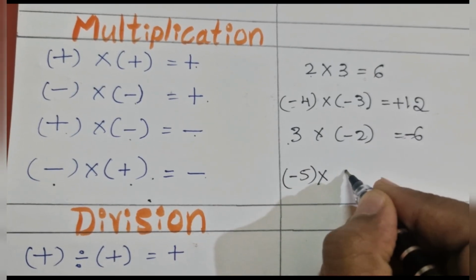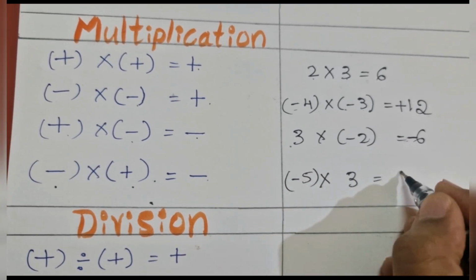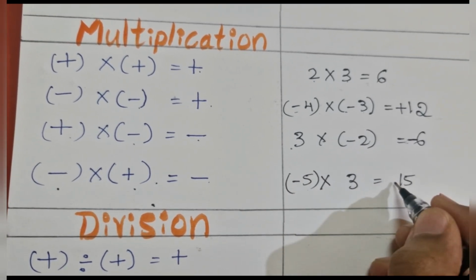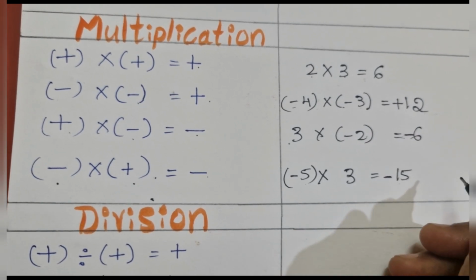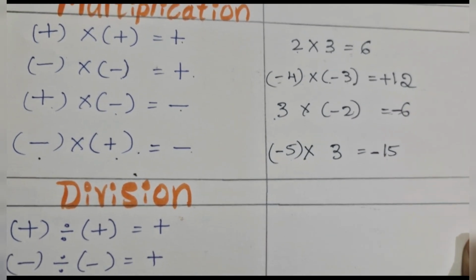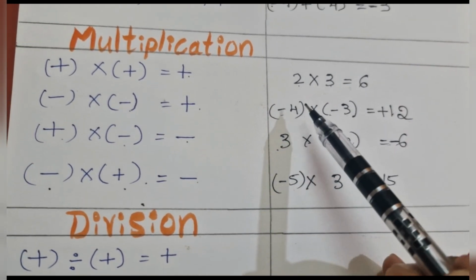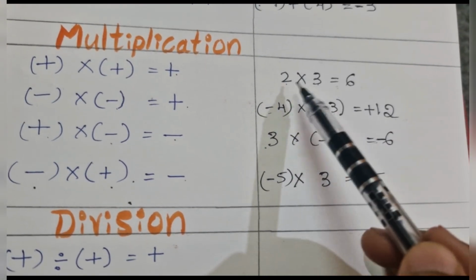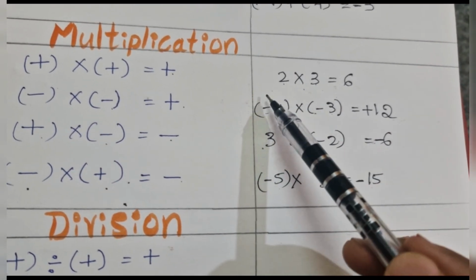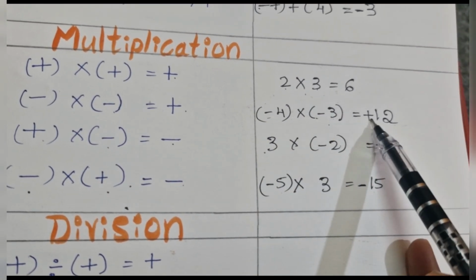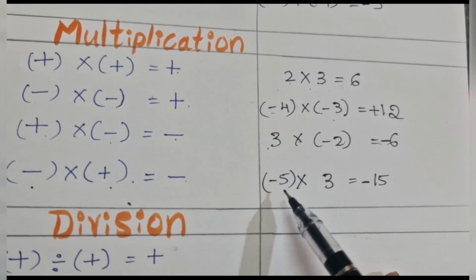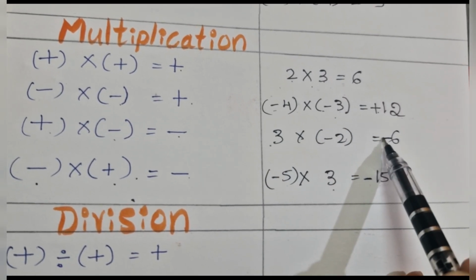Minus 5 into 3. 5 3s are 15. Here, when both the signs are positive or both the signs are same, we put plus. When both the signs are negative, we put here minus.